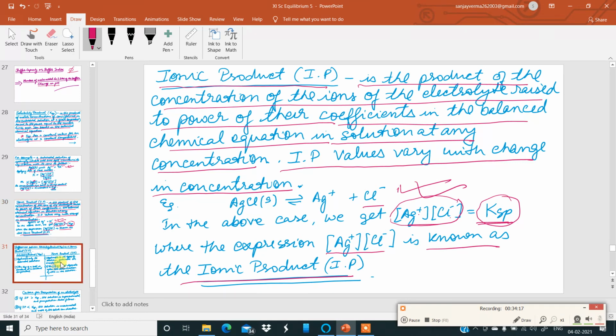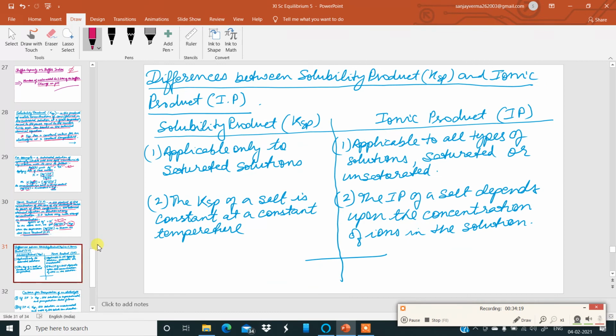Now there is a difference table between solubility product Ksp and ionic product which has to be remembered and learned properly. Solubility product is in the first column, ionic product is in the second column. So note it down and learn it by heart. Solubility product is applicable only to saturated solutions, whereas ionic product is applicable to all types of solutions, whether saturated, unsaturated, whatever.